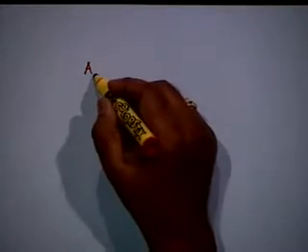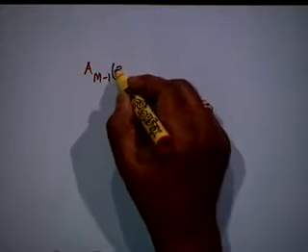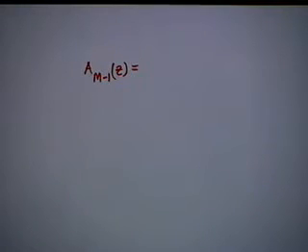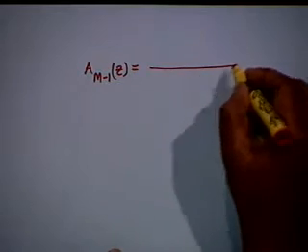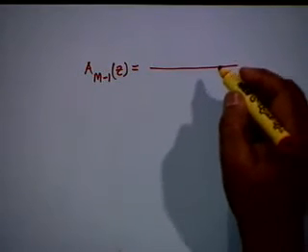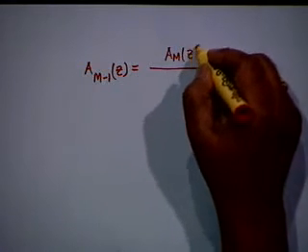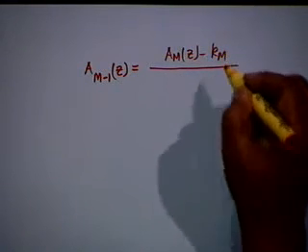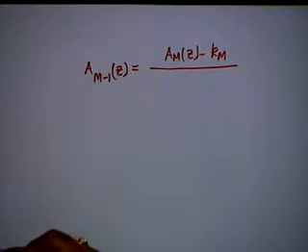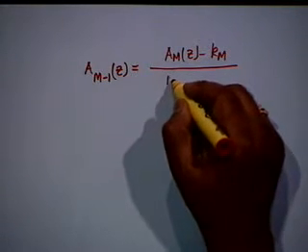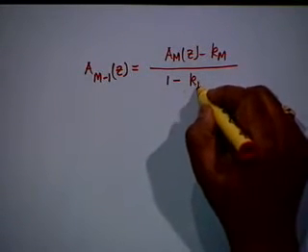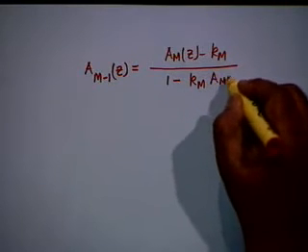What we do is we form a transfer function of one order less, A_(m minus 1)(z). Again we aim at an all pass function. We shall show that it is all pass. Okay. What we form is A_(m minus 1)(z) equal to A_m(z) minus k_m, k_m being the same as dm, divided by 1 minus k_m A_m(z).